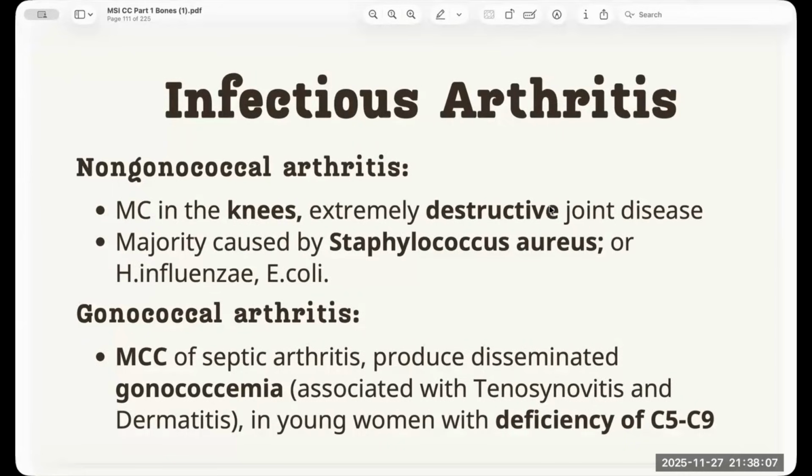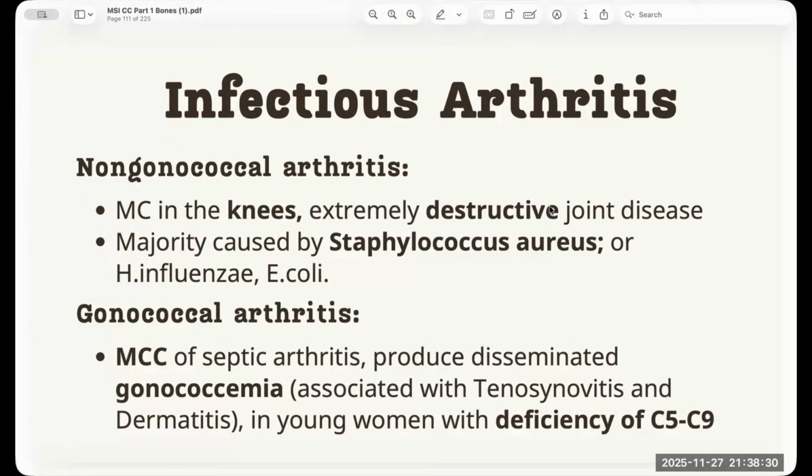The non-gonococcal is most common in the knees, and it's extremely destructive of the joint. The majority is caused by organisms such as Staphylococcus aureus, H. influenzae, or E. coli. Okay? The gonococcal arthritis, from its name, is caused by Neisseria gonorrhoeae. Okay? And it's the most common cause of septic arthritis.